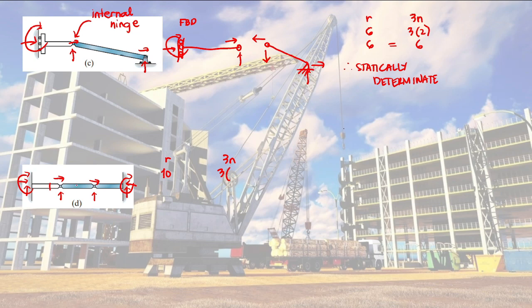I have 1, 2, 3 members. So times 3. 10 times 3 times 3, you will have 9. So it is greater than. Therefore, this one, it is statically indeterminate. In how many degrees? So 10 minus 9, you will get first degree. Okay?